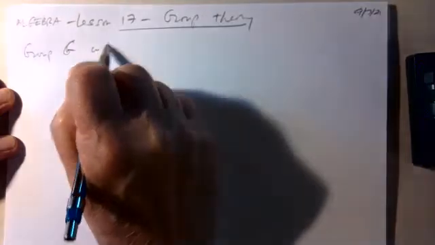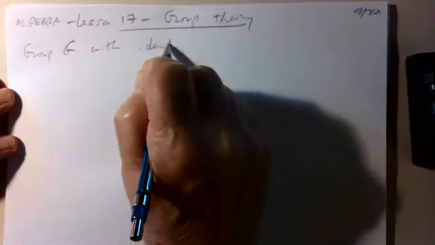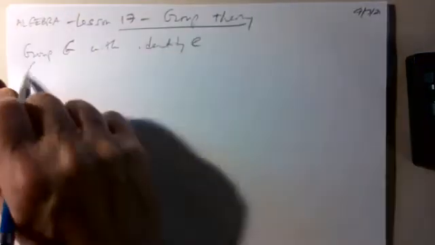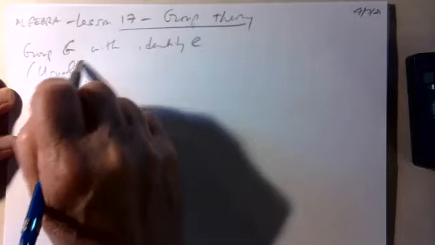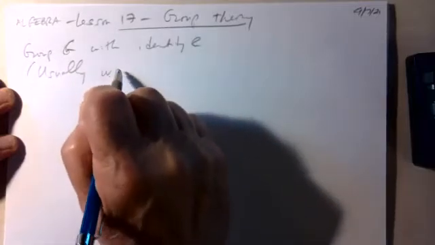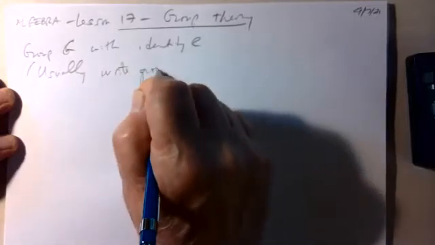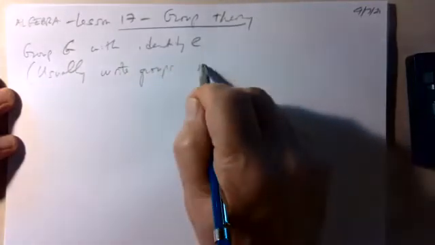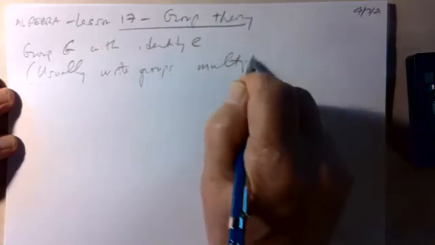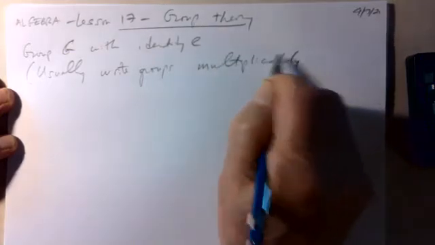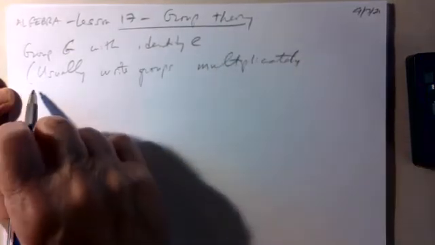So we have a group G with an identity E, and I recall that we usually write groups multiplicatively, right?